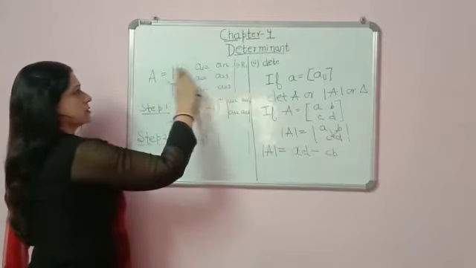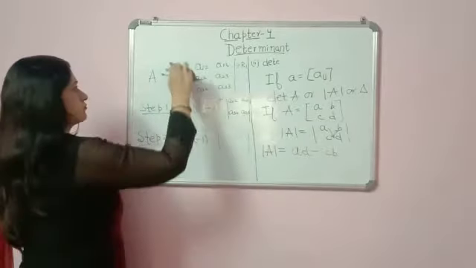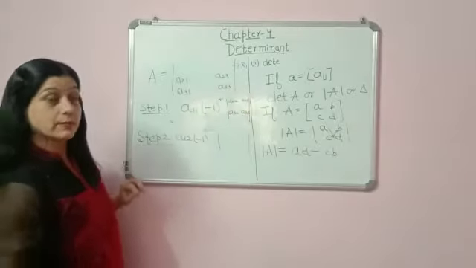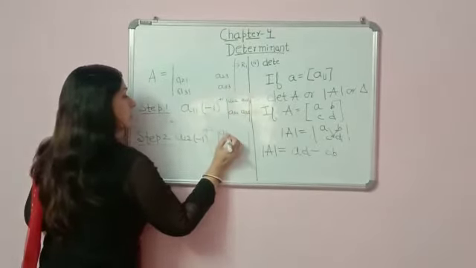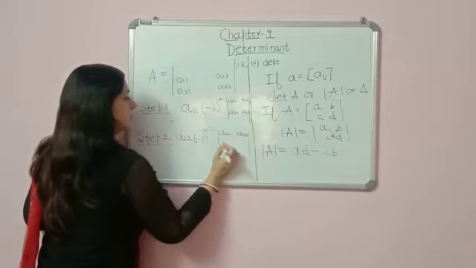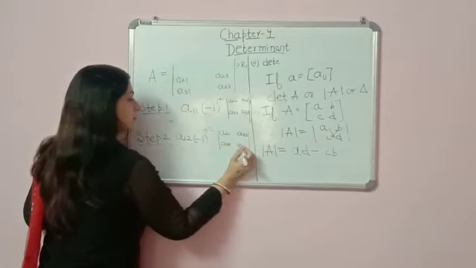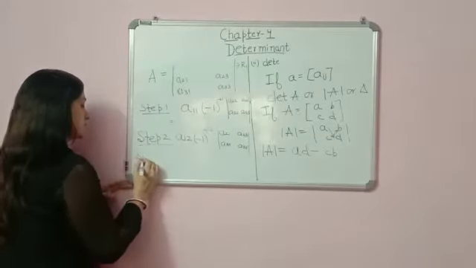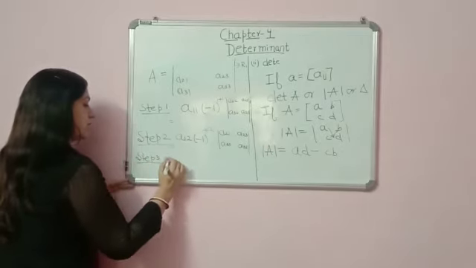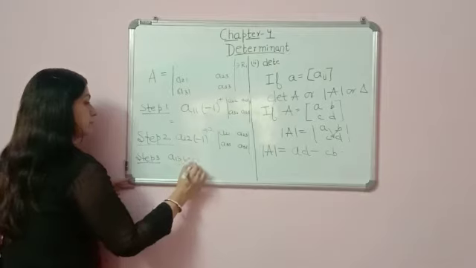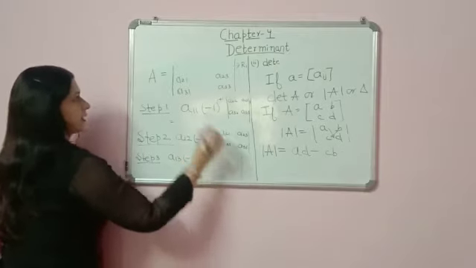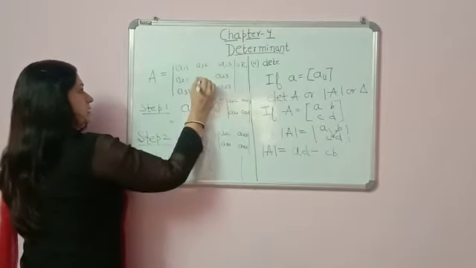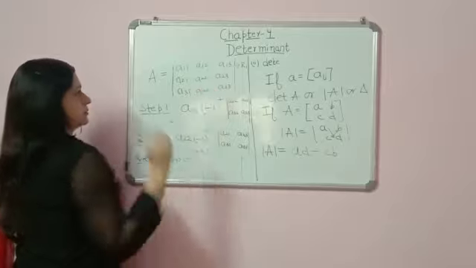This term belongs to the first row and the second column, so the remaining submatrix is like this: a21, a23, a31 and a33. Similarly, you can write for the last term, that is a13 into -1 to the power 1 plus 3, and then the corresponding submatrix.